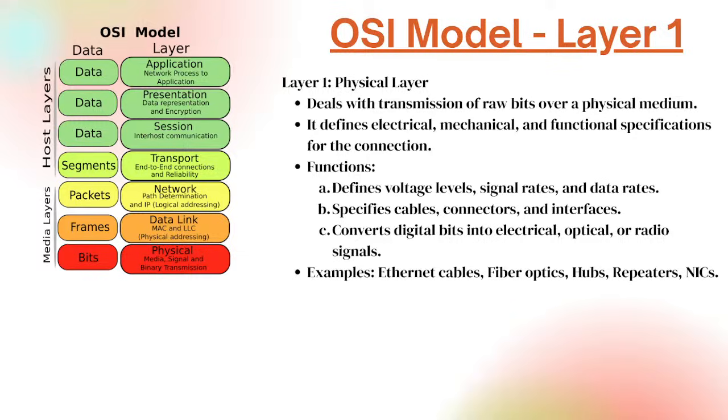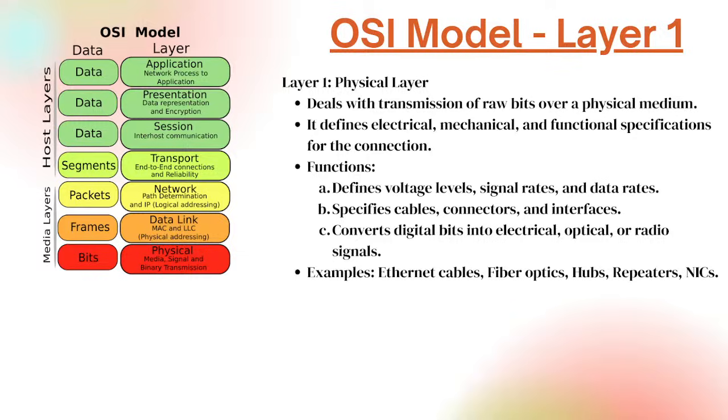I haven't mentioned all these portions in this presentation. So remember, the first function I told here is transmission of bits. Already it is written: define voltage level, signal rate and data transfer. Hardware components, like we have discussed, specify cables, connectors and interfaces.